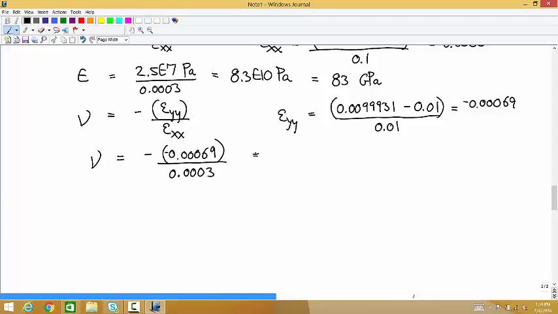And so you get a Poisson's ratio of 2.3. That's how you do the calculation. Okay, so think about that for a second, and then I'll tell you why that number doesn't make any sense. Anybody have any questions about that calculation?